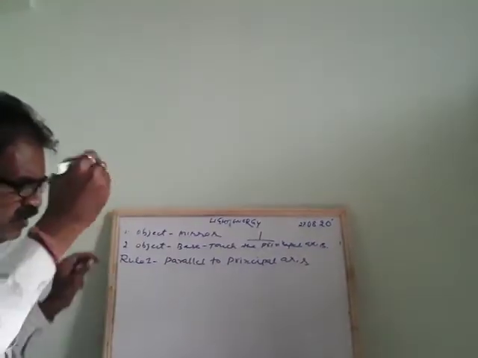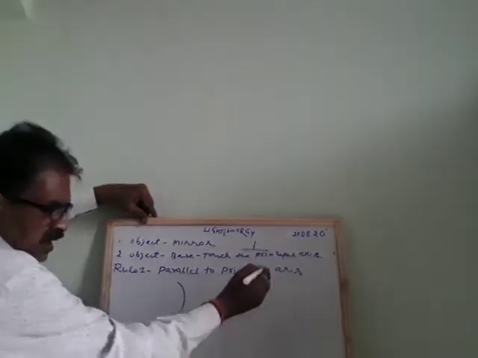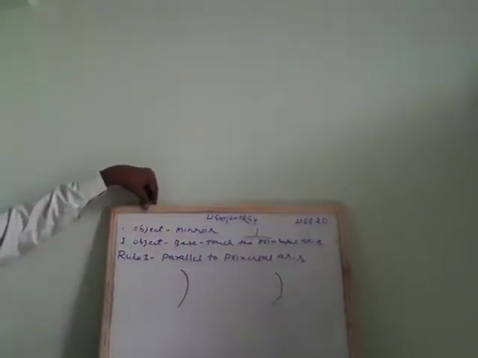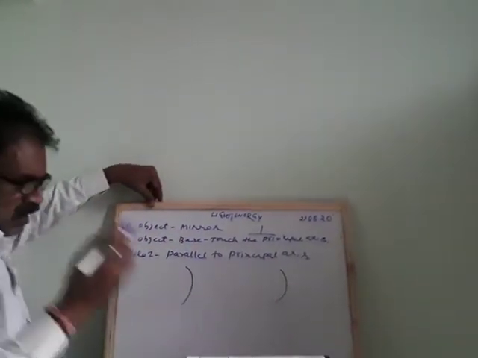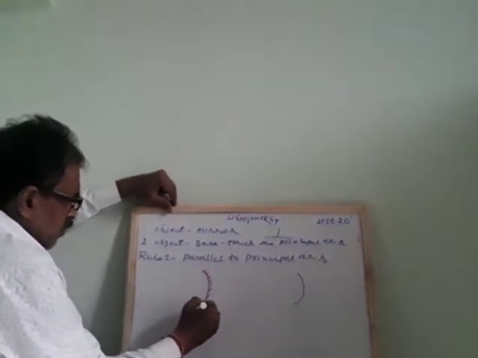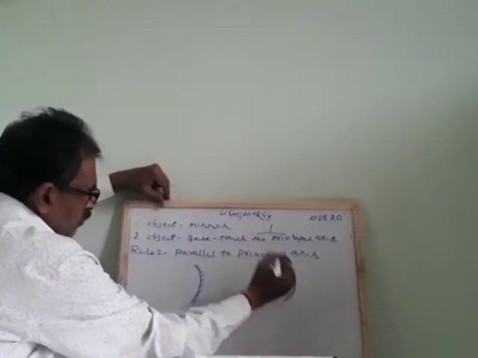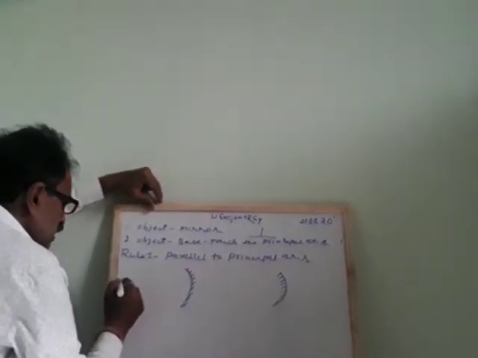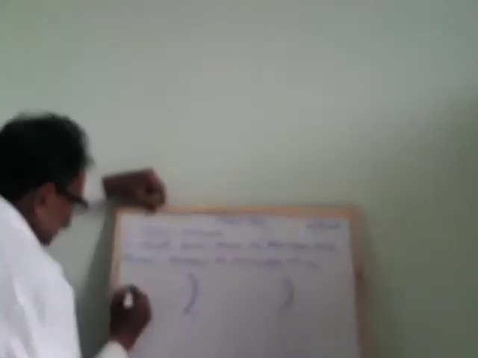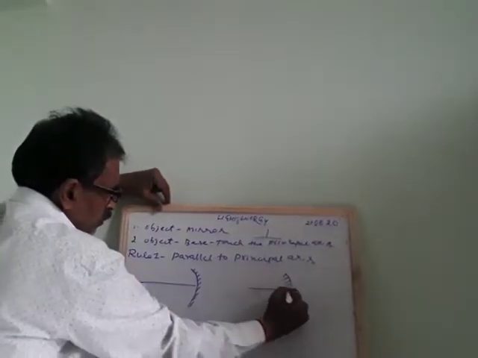Now we will take two mirrors. One is concave mirror and one more is convex mirror. So you know concave mirror is bulged inwards like this. So it is concave. So this becomes convex. So when a ray passes, this is the principal axis. We have to draw the principal axis on both, here and on this side.